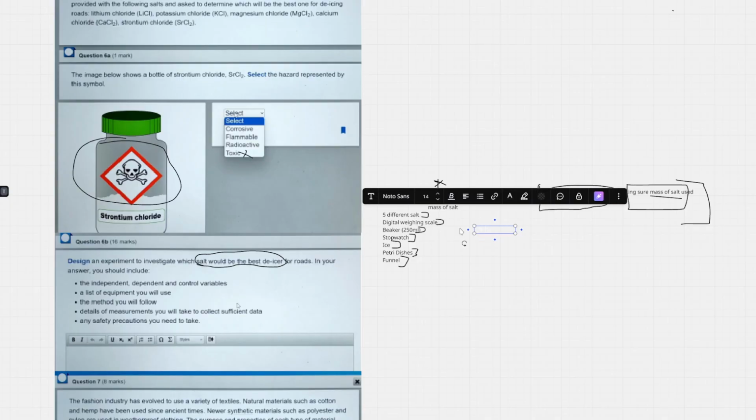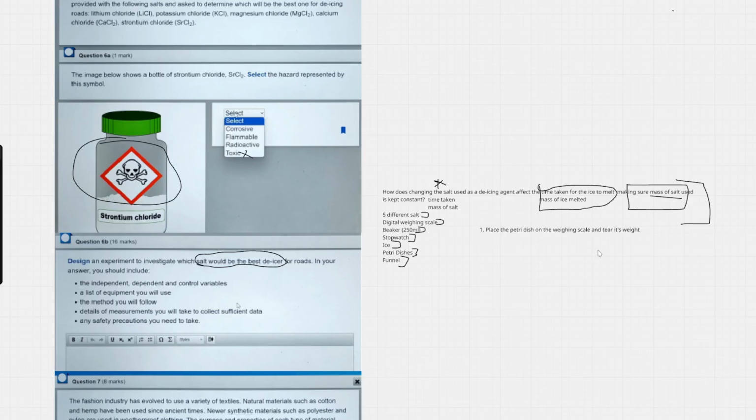So remember this, always tare the weight because you do not want to incorporate a petri dish's weight into your calculations.